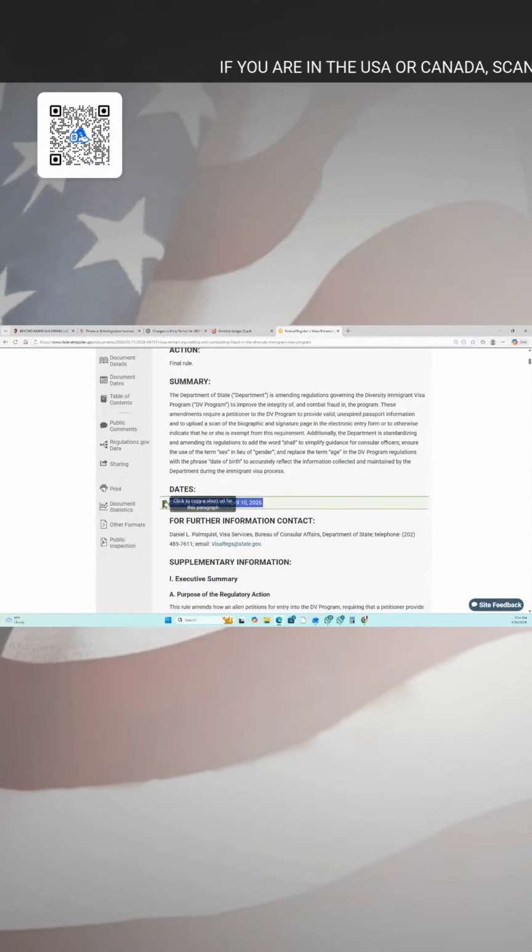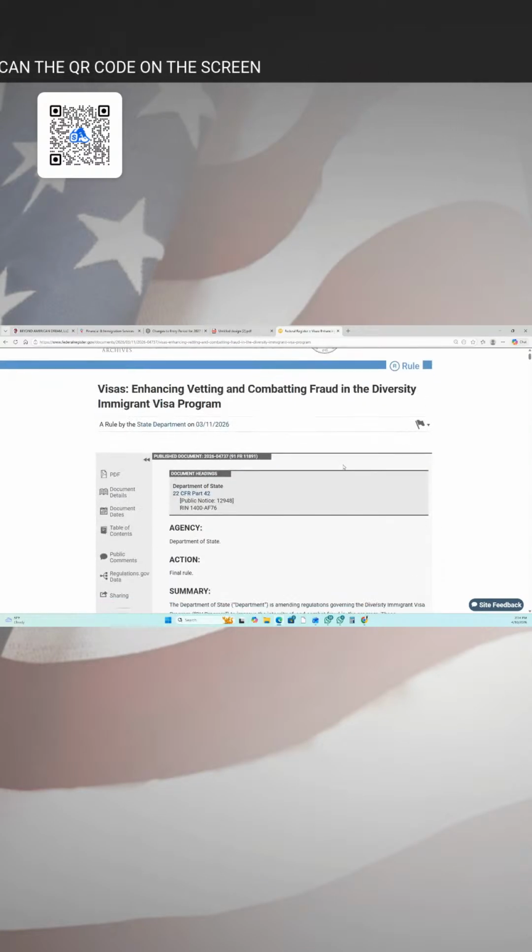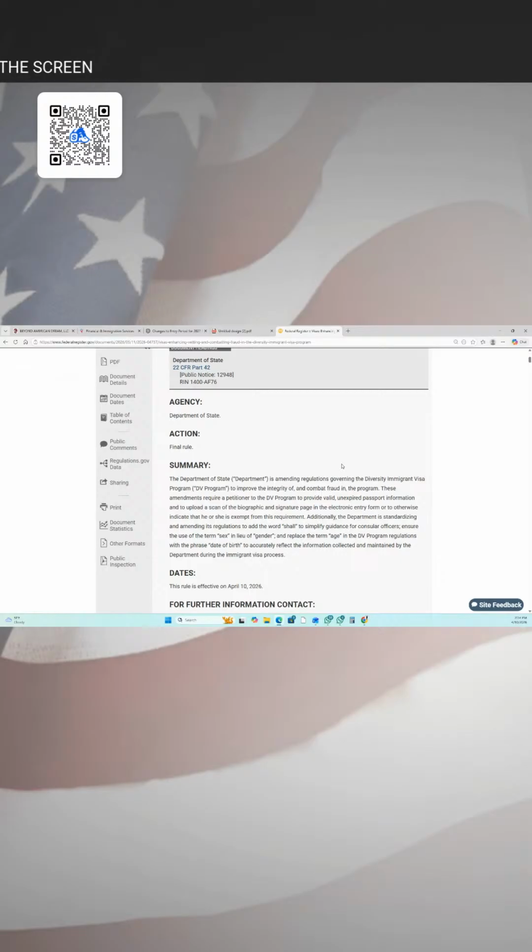So because the rules are now allowed to start being used, and these rules are for the DV2027 and going forward, the DV2027 is going to happen this year, in May or in April.